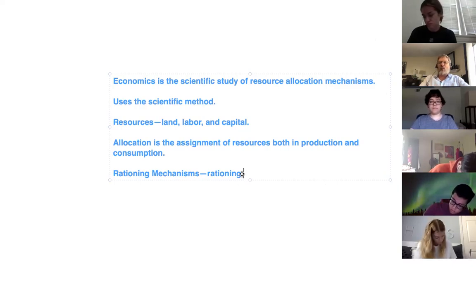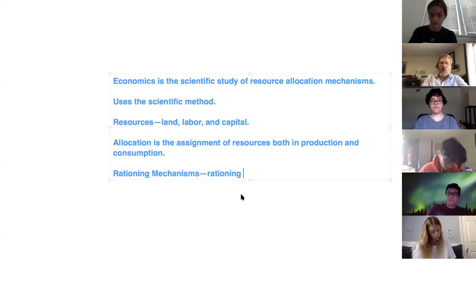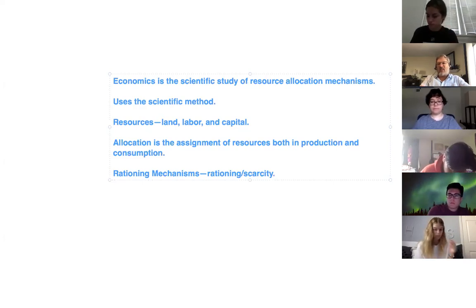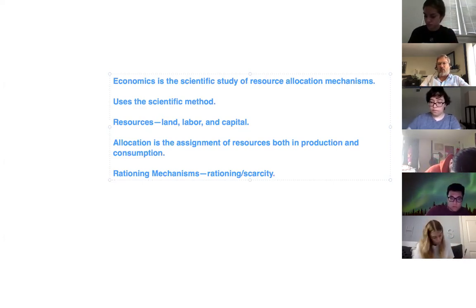And so the idea is there's not enough to go around. When the government was rationing fuel and rubber and steel during World War II, it's because they were using a lot of those resources for their war effort, and there wasn't enough for domestic consumption. So rationing gets really close to this notion of scarcity that you see mentioned so often in textbooks that describe economics.